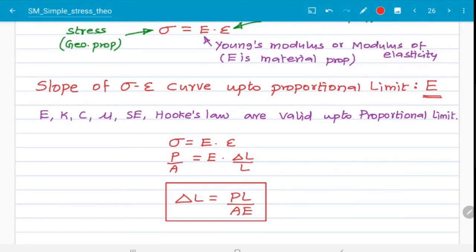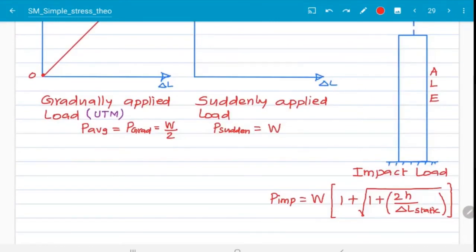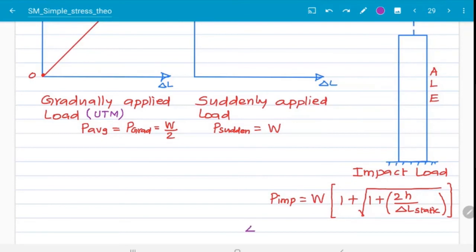So del L static is equal to PL by AE, or WL by AE.